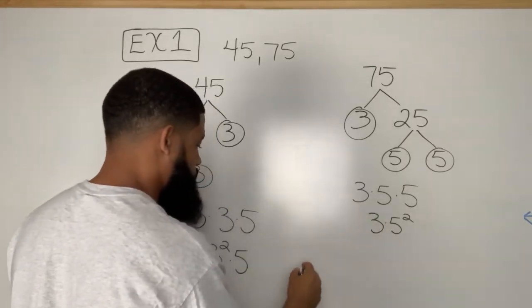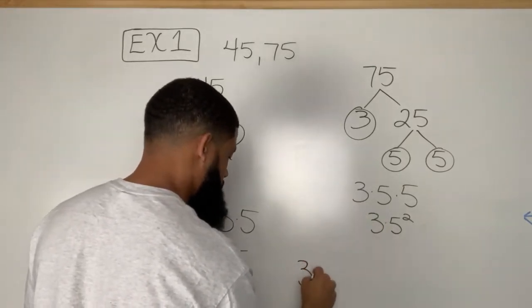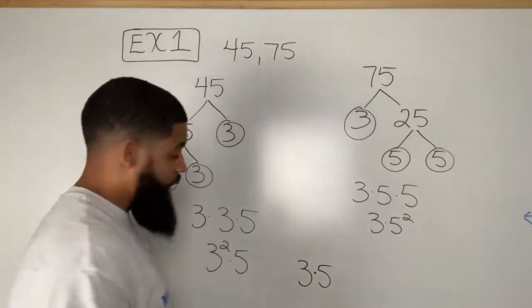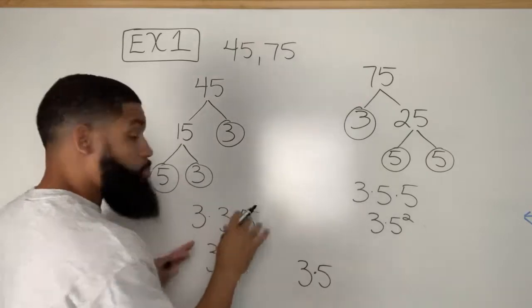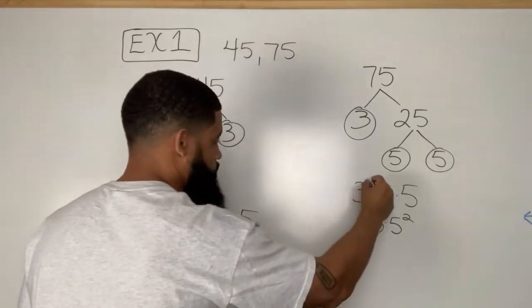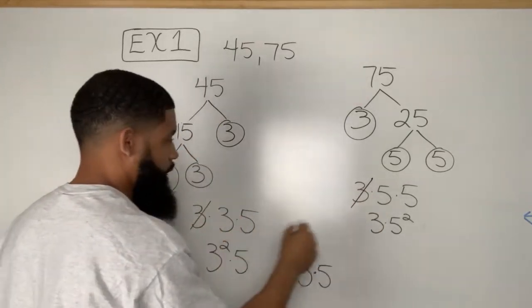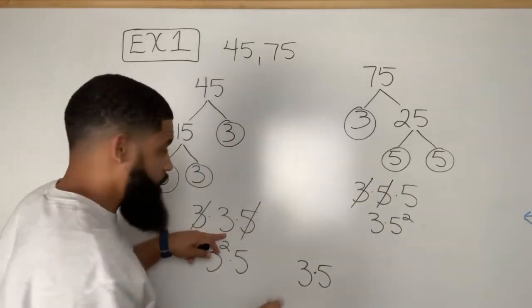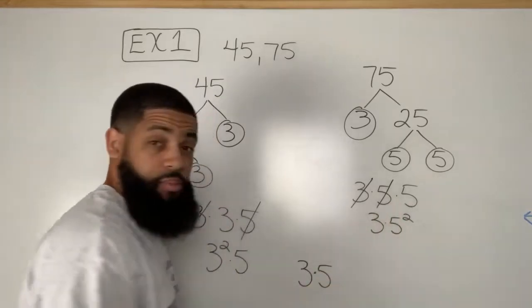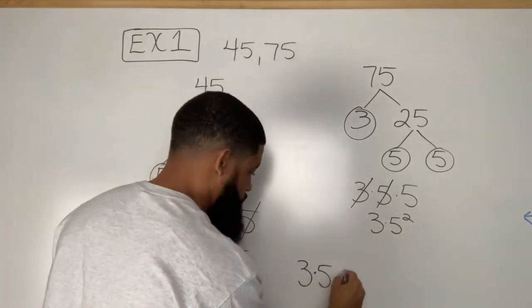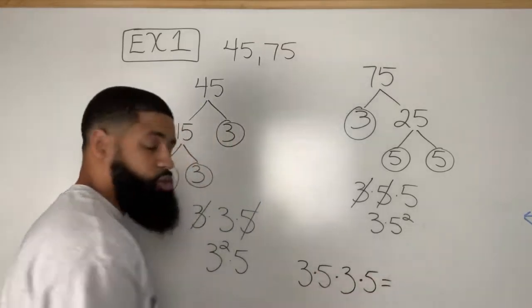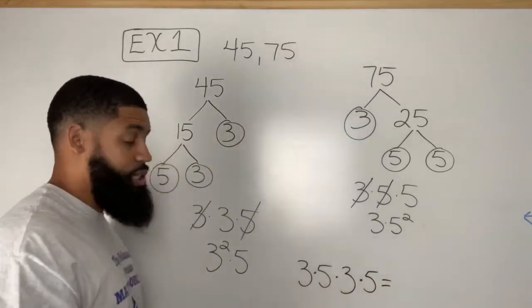So I'm going to take 3 times 5, and let's mark these out, because I've already used the 3. They have a 5 in common, so I'm going to mark that out. Notice I have a 3 left and a 5 left from the other factors, so I still need to multiply by that 3 and by that 5.